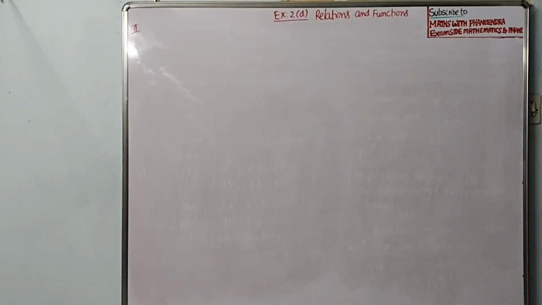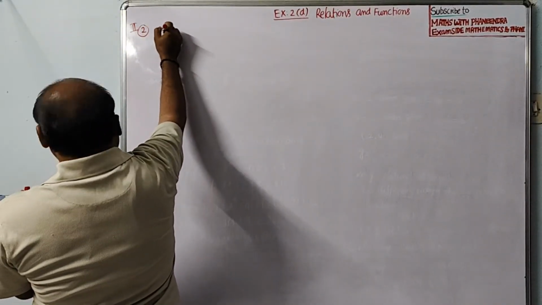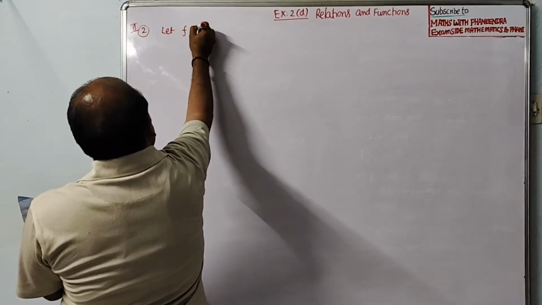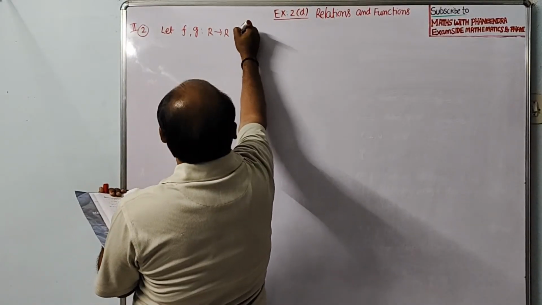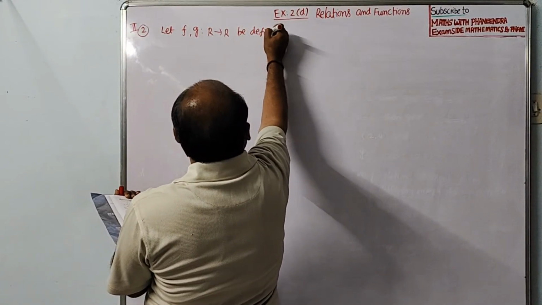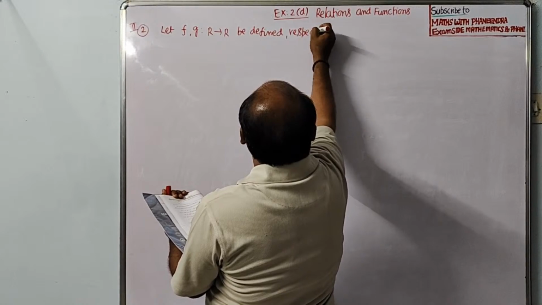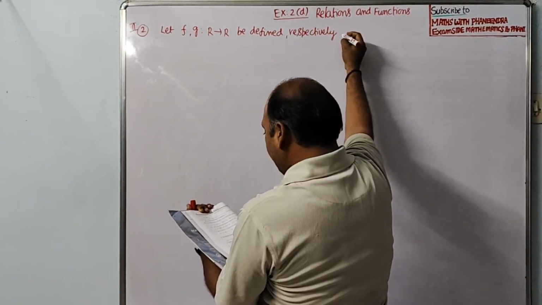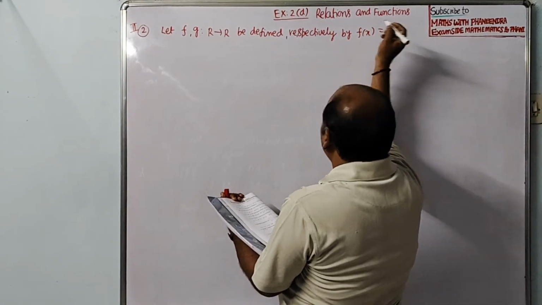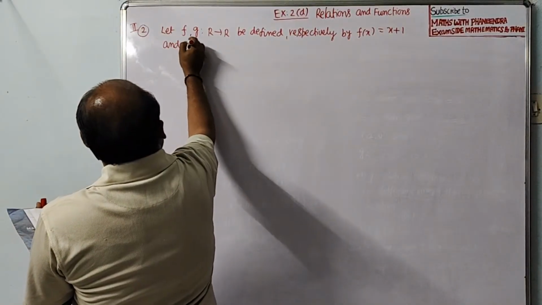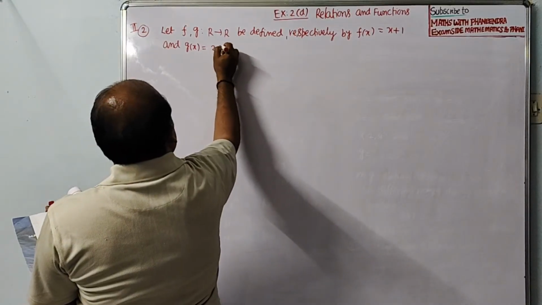Question number 2. Let f comma g be functions from R to R defined respectively by f of x equal to x plus 1 and g of x equal to 2x minus 3.